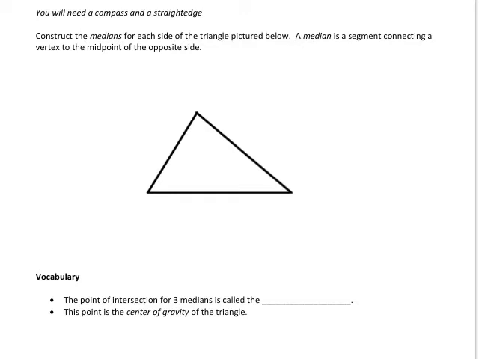So what you will do with your compass is construct what we call the centroid of a triangle. The centroid is found by constructing the medians for each side of the triangle. I'm going to go over that in class, but you could find the median of a triangle.